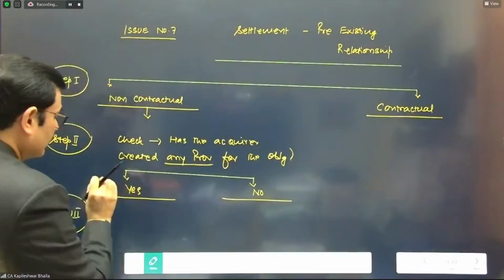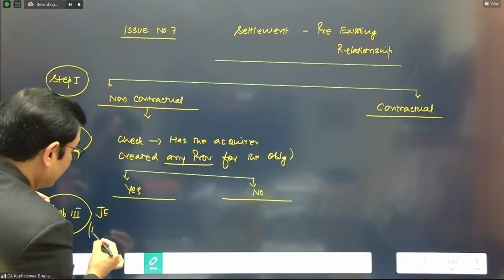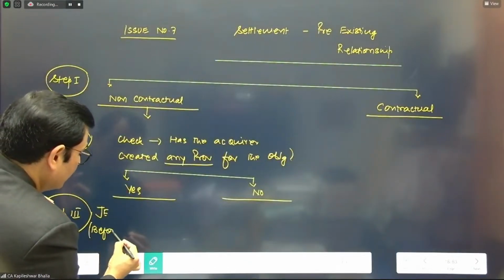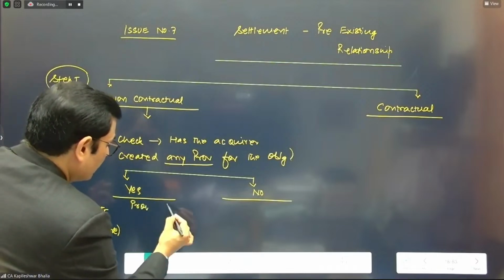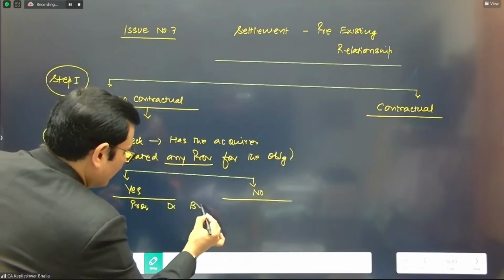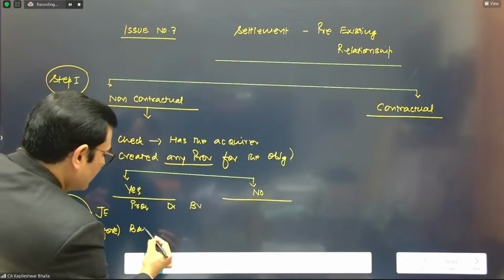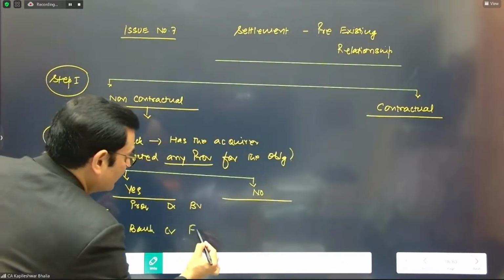If you say yes, he has created a provision, this is an entry to be done before the date of acquisition. Since he has created a provision, debit the provision at book value, make a payment, that is bank, at fair value.